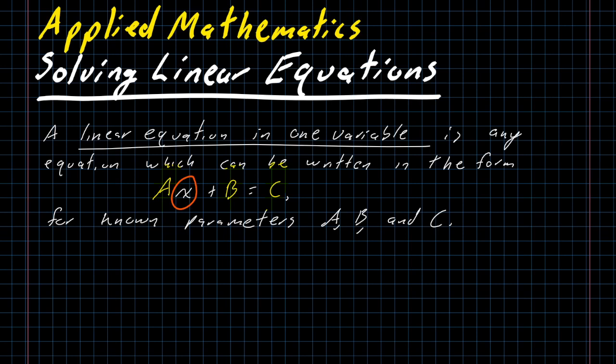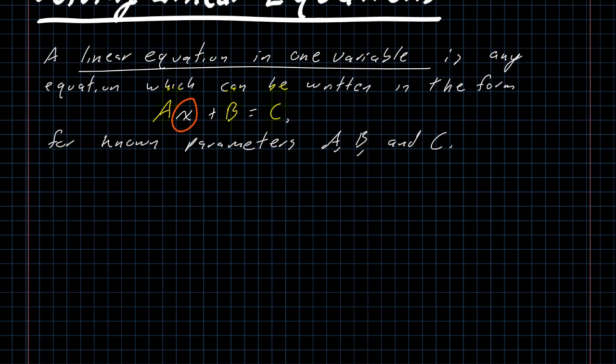We have looked at solving equations in this form previously, right? Something like 3x minus 14 equals 23.